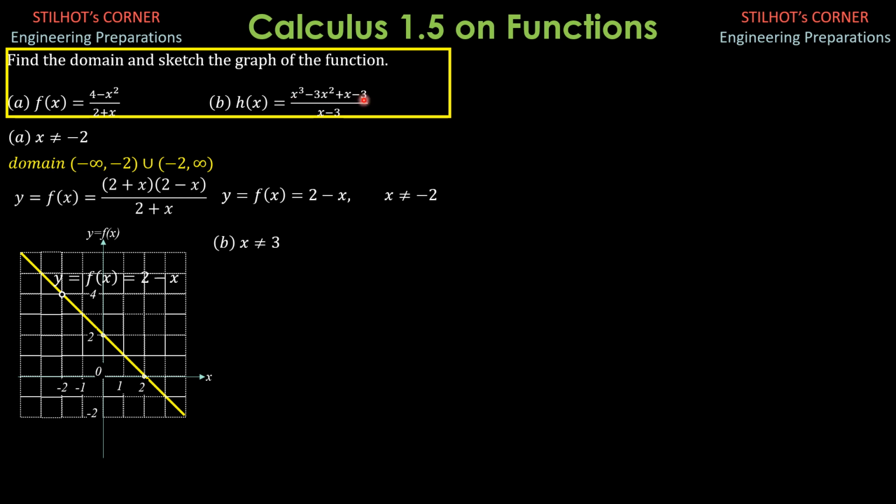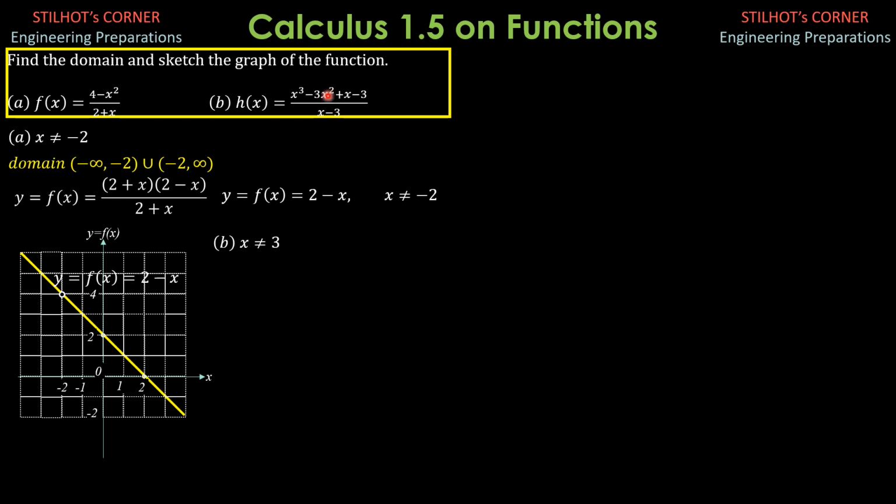Then we can reduce this. If you look at the first two terms, the common factor is x squared. So x squared times x minus 3, then plus quantity x minus 3. So x minus 3 is common. We can factor the numerator as x minus 3 times quantity x squared plus 1. So review factoring in algebra in my Engineers in Progress playlist.